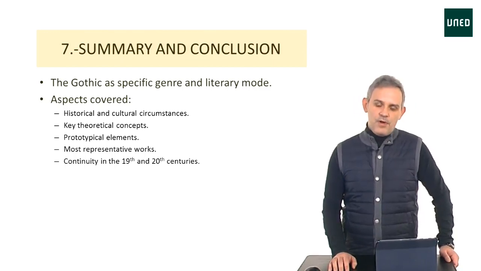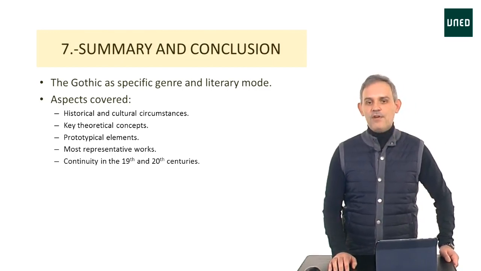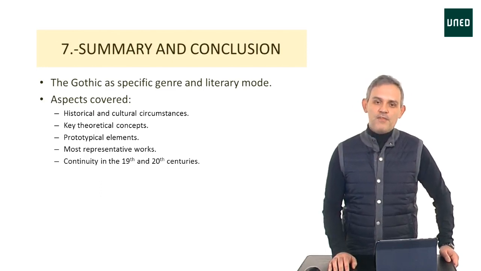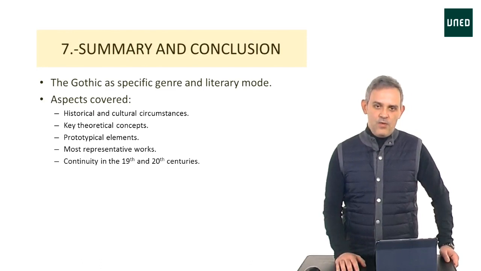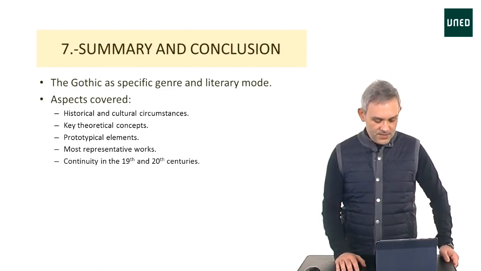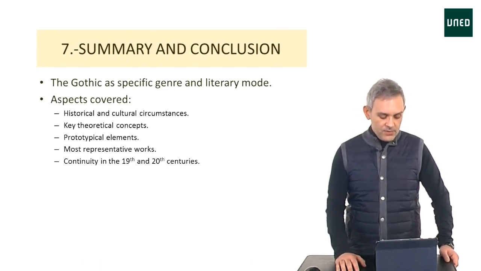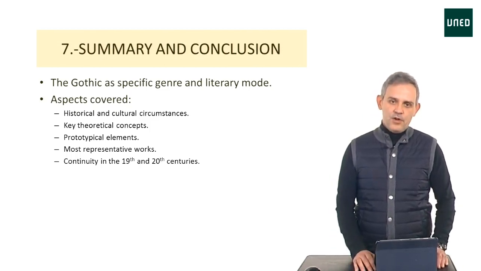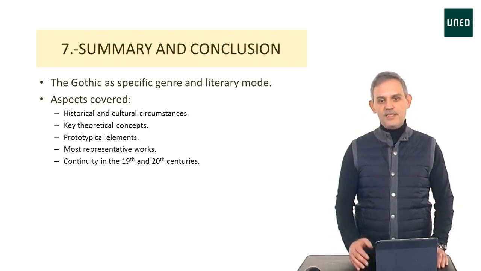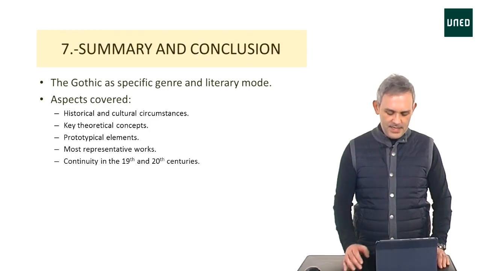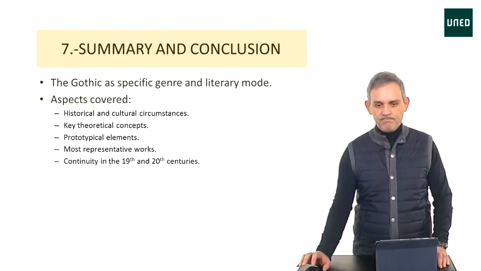We have gone through prototypical elements of Gothic narratives. We have also mentioned some of the key works of the genre, and we have also referred to the continuity of the Gothic, especially in the 19th century.